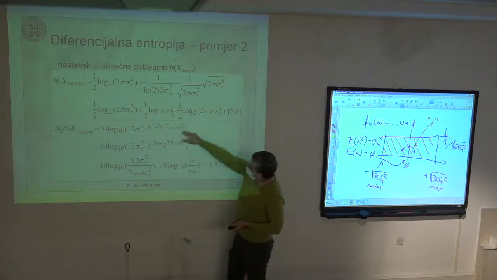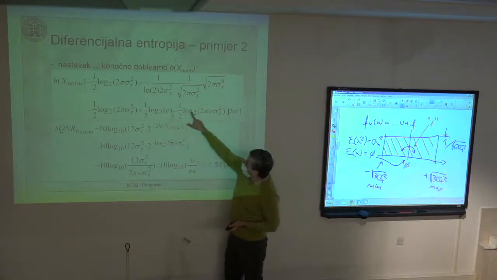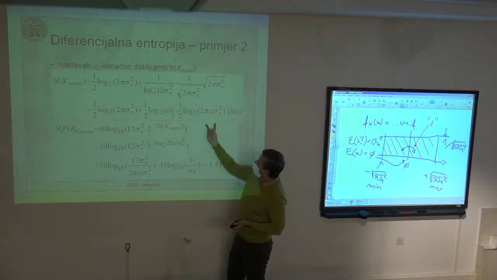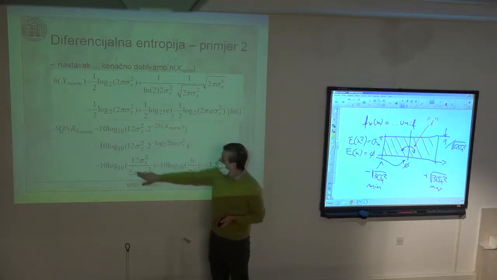And in this 2 to the power of minus 2, this 2 and 1/2 cancel. So this logarithm base 2 is just putting this value into the denominator, okay?